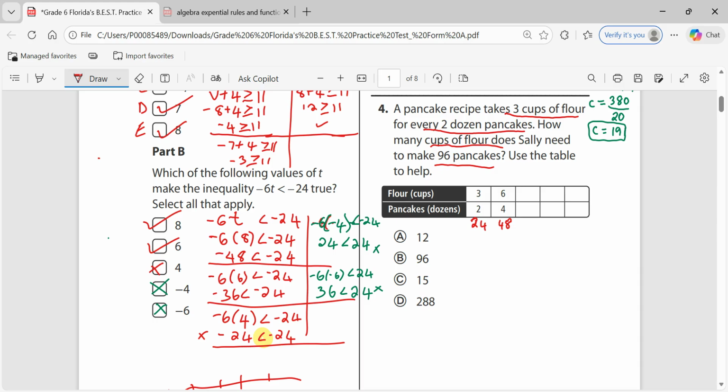So if I went here, I will go in my pattern 3, 6, 9, 12, 15. That will be 2, 4, 6, 8, and 10. Continuing this out to help me out. But keep in mind then, that means that this is actually 6 dozen pancakes, which is 72.